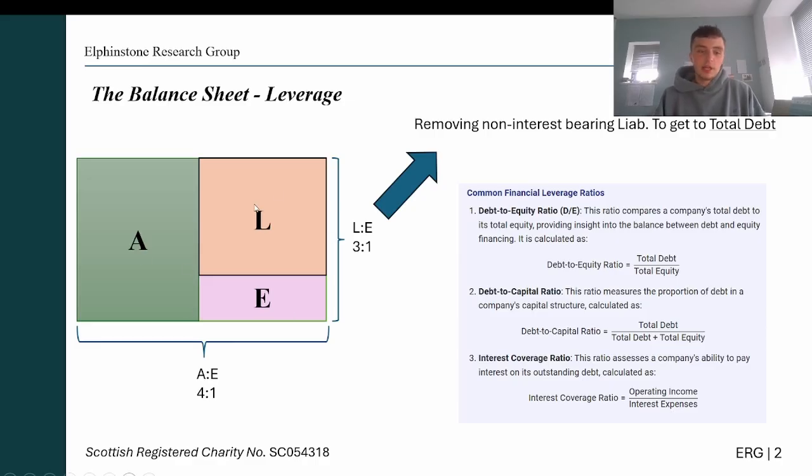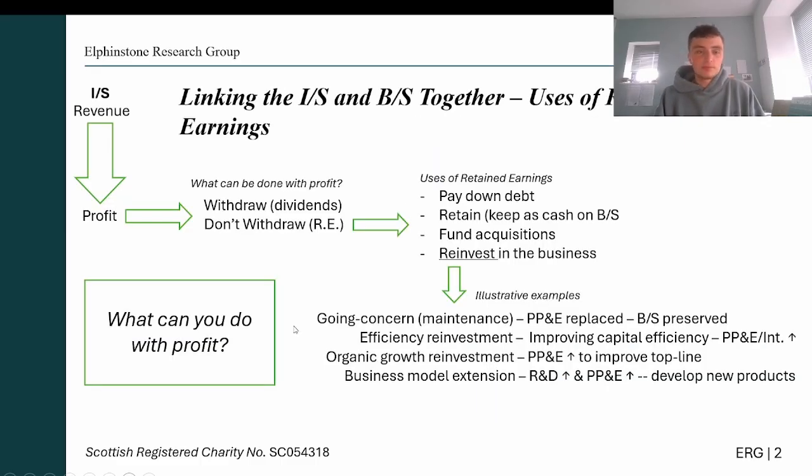Assets are funded by liabilities and equity, but how much liabilities versus how much equity was used depends on the business. Debt to equity is one way of understanding that. It's dividing the liabilities versus the equity. You can also look at the interest coverage, which I just mentioned.